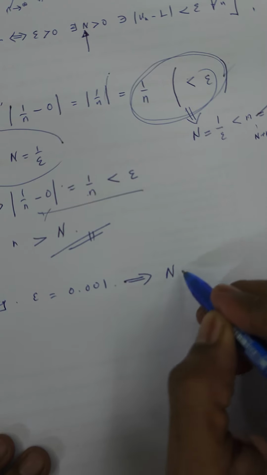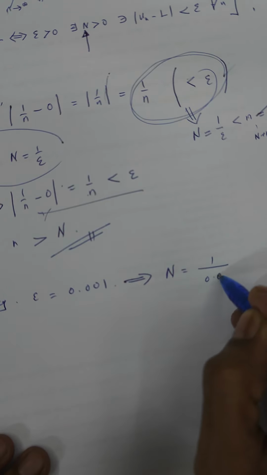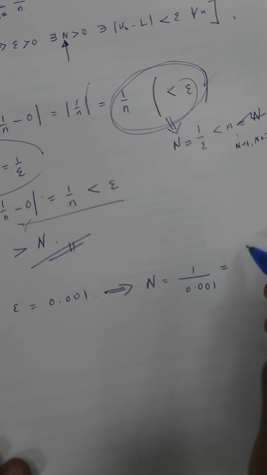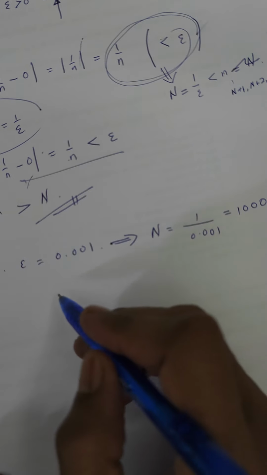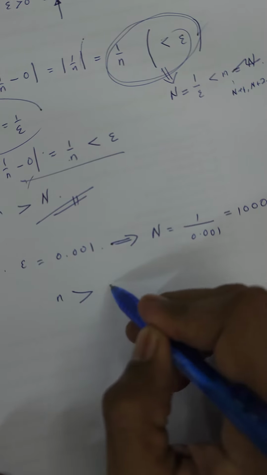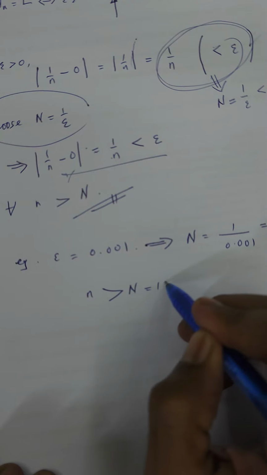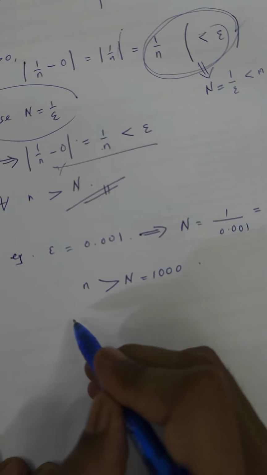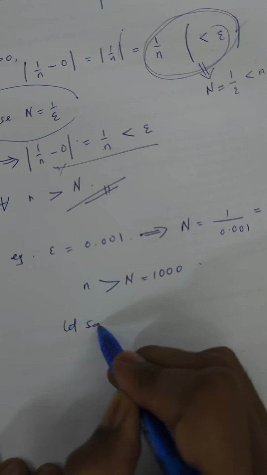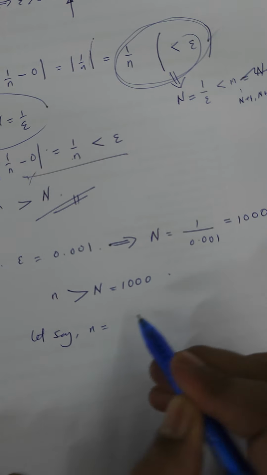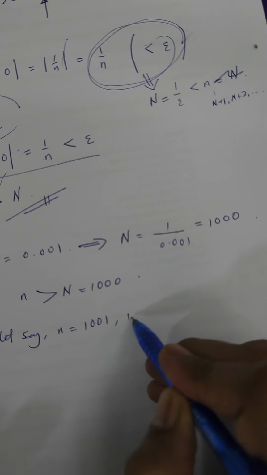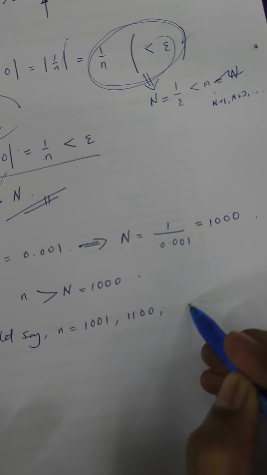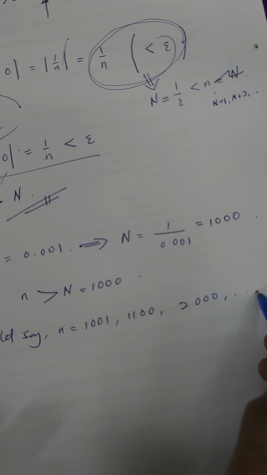Our N is basically 1 over 0.001, which is 1,000. Now, if you choose any n greater than our N, which is 1,000, so let's say n equal to 1001 or 1100 or even bigger, 2,000 and so on.